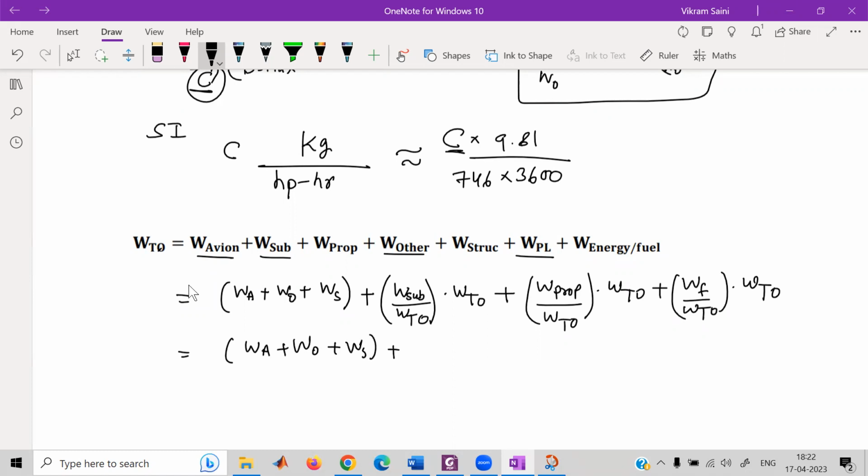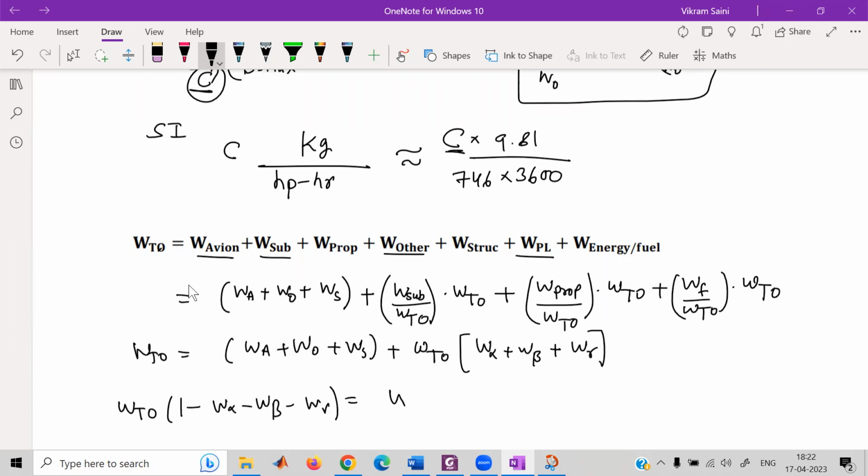But for Sanjay, we will do it because he does not know where that expression came from. So WTO is common here, and these three expressions, I'll just call them W alpha, W beta, and W gamma. These three fractions are here. WTO is also here. So you can simply take WTO as common, and there will be 1 minus W alpha, W beta, W gamma, and on the right side, these three weights.